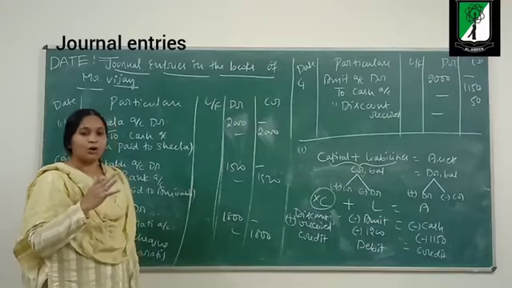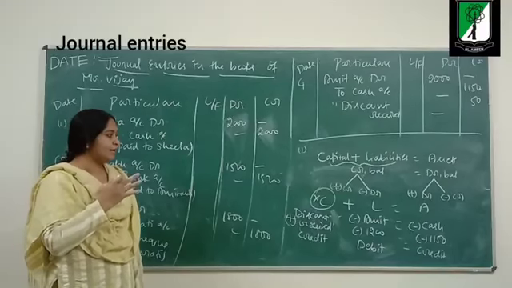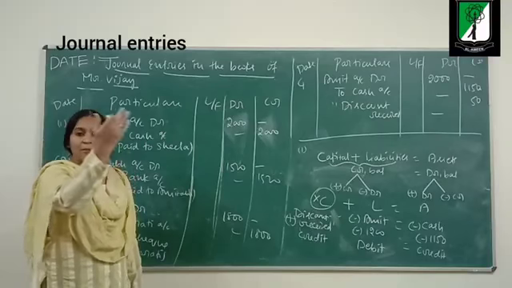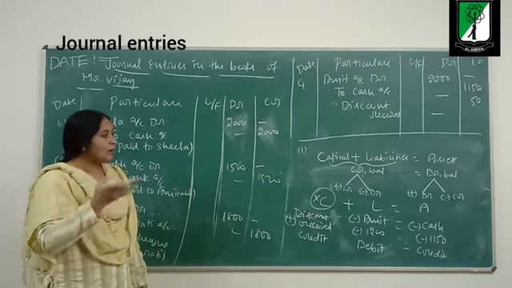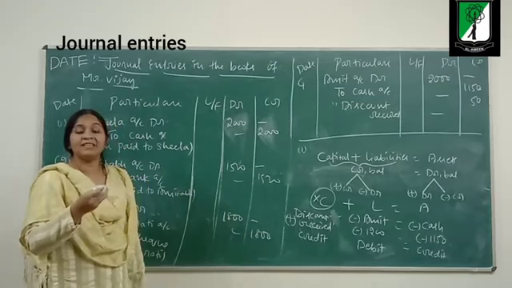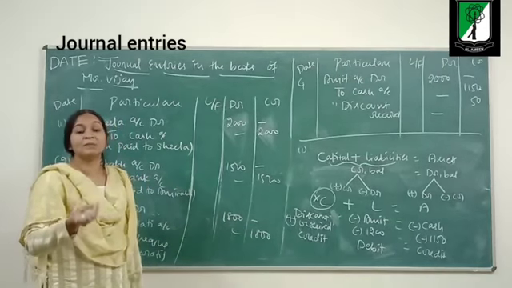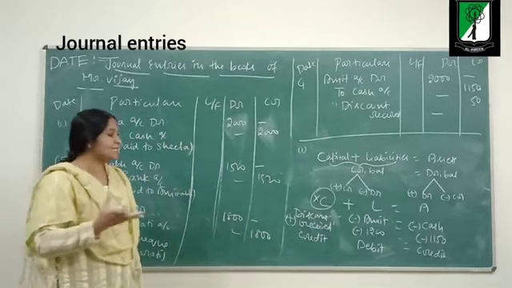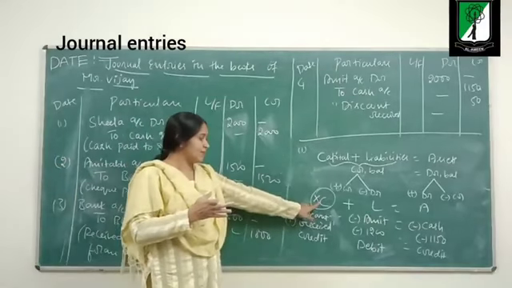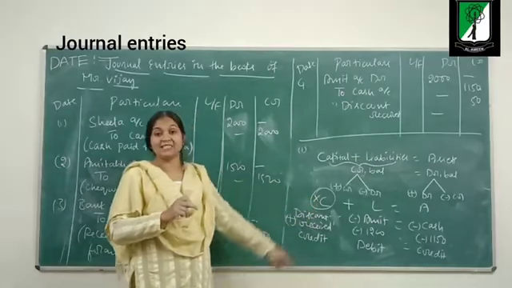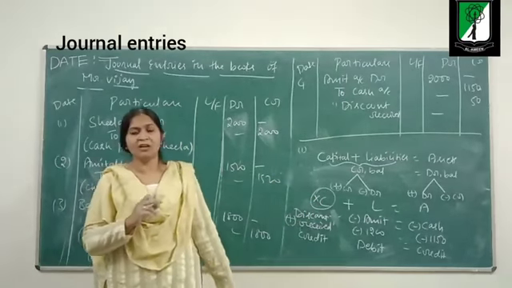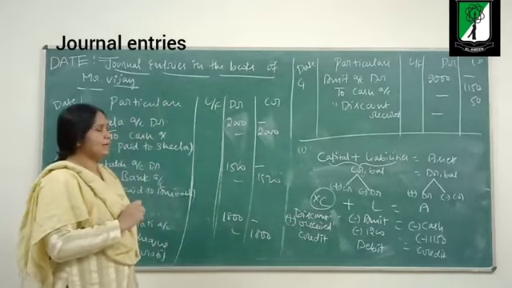So to Amit, business had paid cash before completion of the maturity period. Amit is giving discount. It's a profit to the business. It increases the capital of the business. So I cannot write capital directly here. I should write the reason for the increase in the capital.